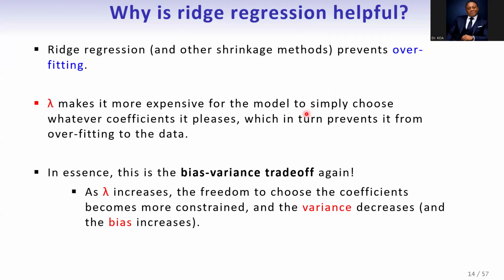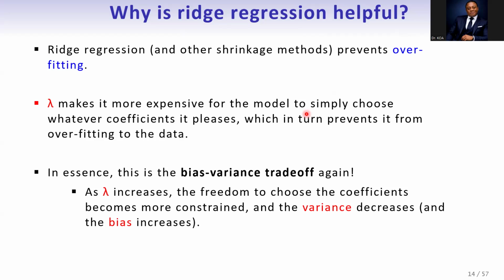And this will in turn prevent it from overfitting the data. So it is good when there's a possibility of overfitting. That tuning parameter is wonderful because it doesn't allow it to select a particular coefficient just like that. But it has a problem.